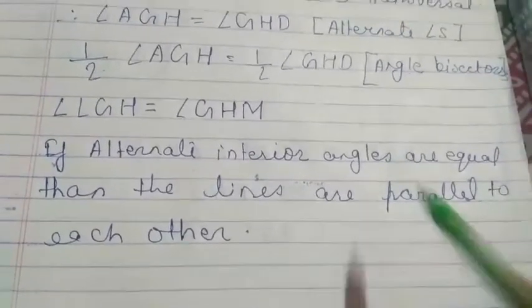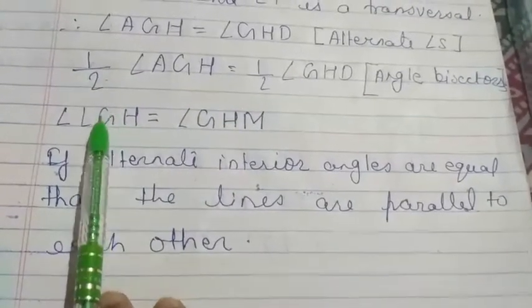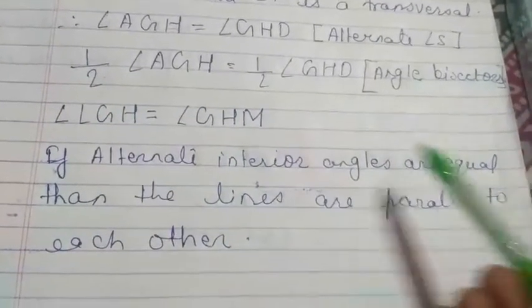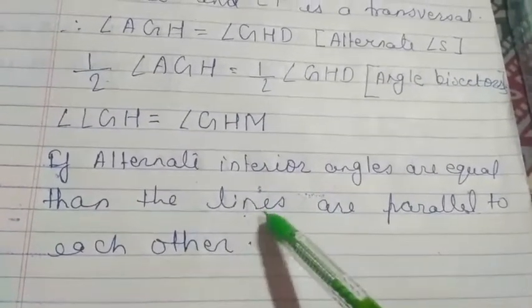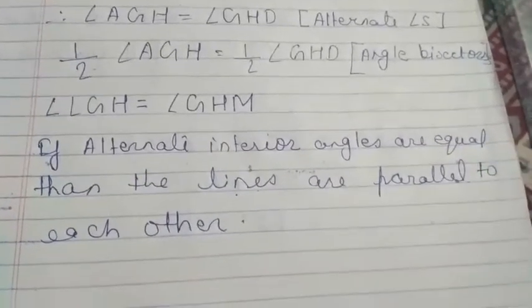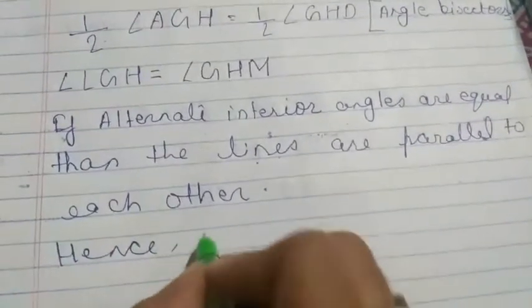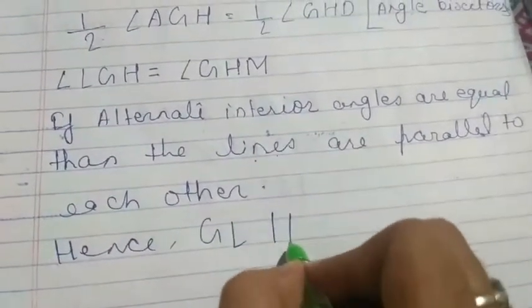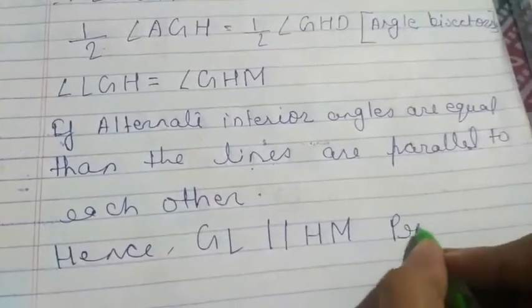Okay, same thing है. तो ये दोनों जब alternate है, that means जो जिस लाइन पे ये बना हुआ है, those lines are parallel. Okay, so ये आपको ऐसे लेके चला जाता है. Hence GL parallel to HM. Good.